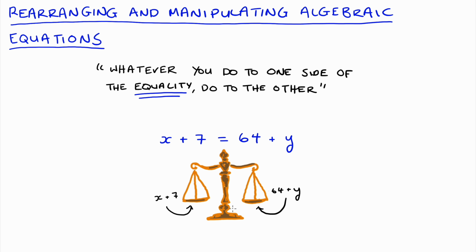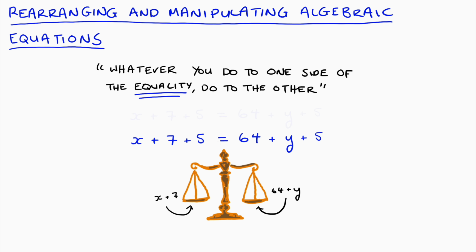That means that if we added 5 to one side of the equation, in order to preserve the equality, to keep those weights level, we would have to make sure that we add 5 to the right-hand side as well. So we would get x plus 7 plus 5 is equal to 64 plus y plus 5.